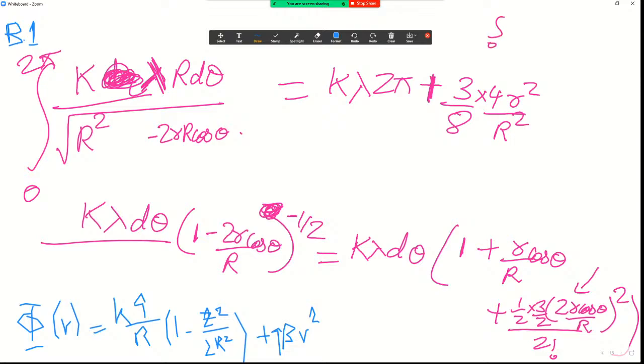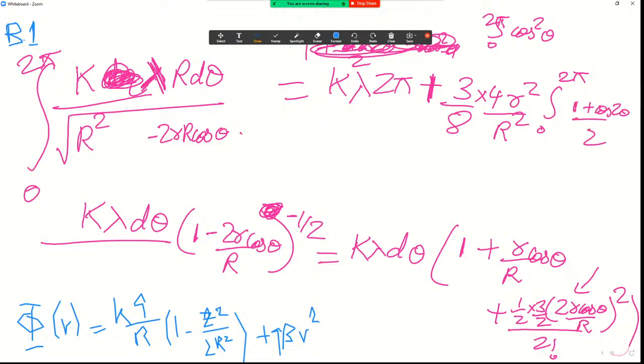And cos 2 theta can be written as 2 cos square theta minus 1. So this would be plus 1 by 2. So we have the integral from 0 to 2 pi of 1 plus cos 2 theta by 2. This would be 0. So we have pi here.